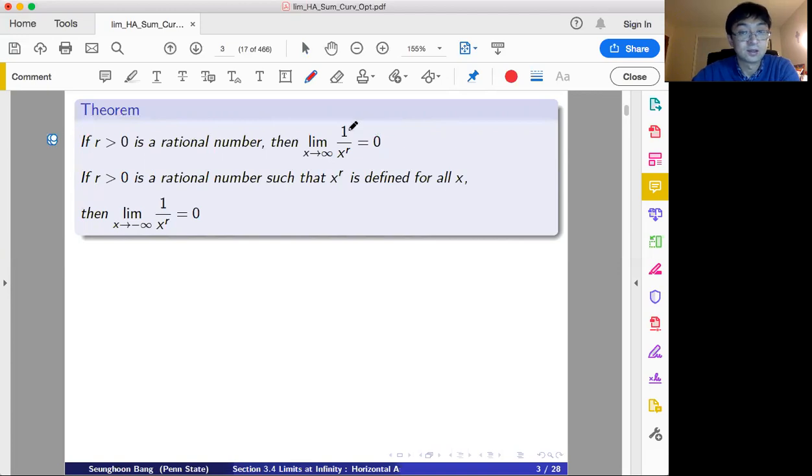One example is the limit as x approaches infinity of 1 over x. In this case it is 0 because the power is 1. Here, the limit as x approaches minus infinity of 1 over x squared is also approaching 0. We have the second case, where r is greater than 0.